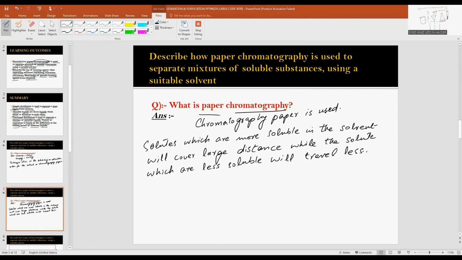Thus, the difference in solubility allows the different pigments in the dye to be separated.